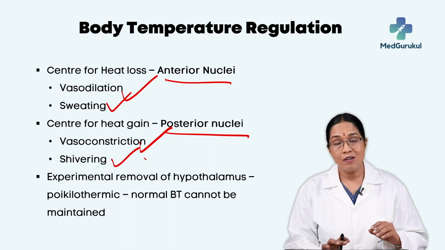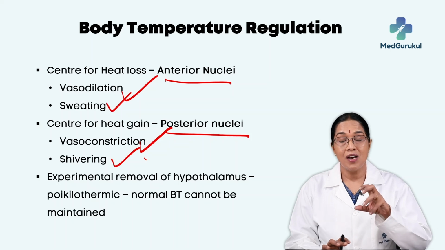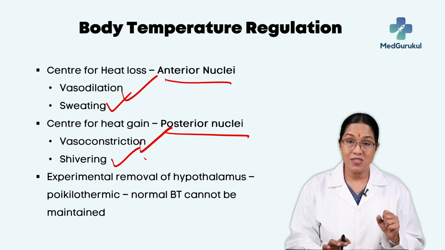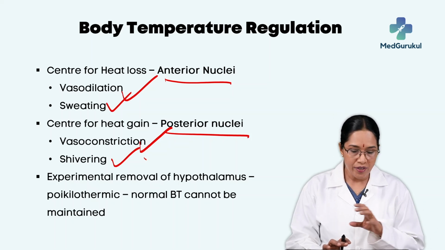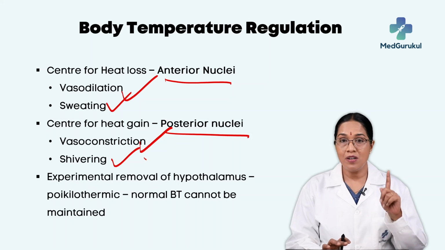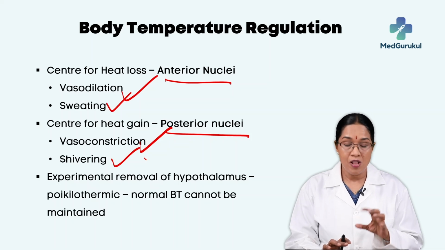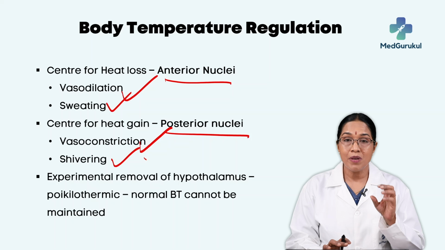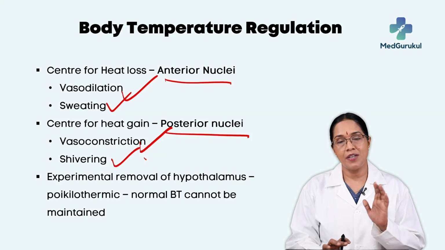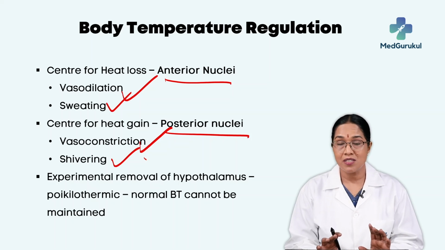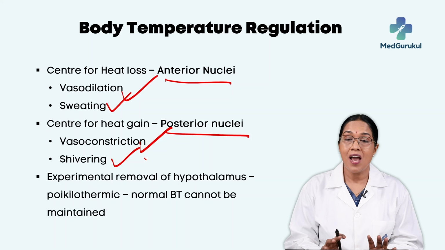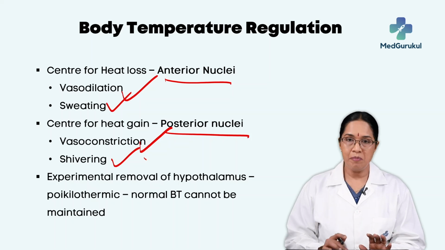And when the hypothalamus was removed in an experimental setup, the animal was poikilothermic. That means the animal could not maintain a normal body temperature, which states that both the center for heat loss and heat gain are in the hypothalamus.